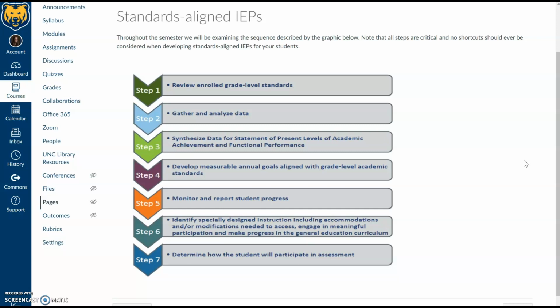This is a flowchart visual for us, again, talking through the process of an IEP that is connected to grade level standards. So you'll need to look clearly at the present levels of performance section in the IEP, and then you've got those goals that are aligned with the grade level academic standards for the student, even if the goal itself is not a skill that's grade level, for instance, like write a 5-paragraph essay.